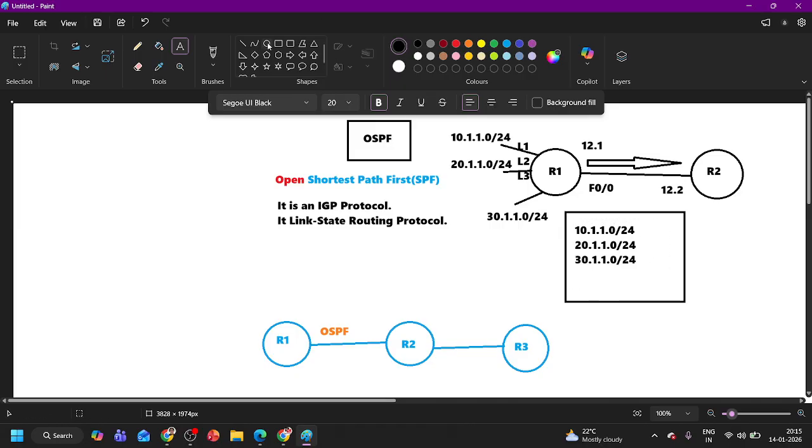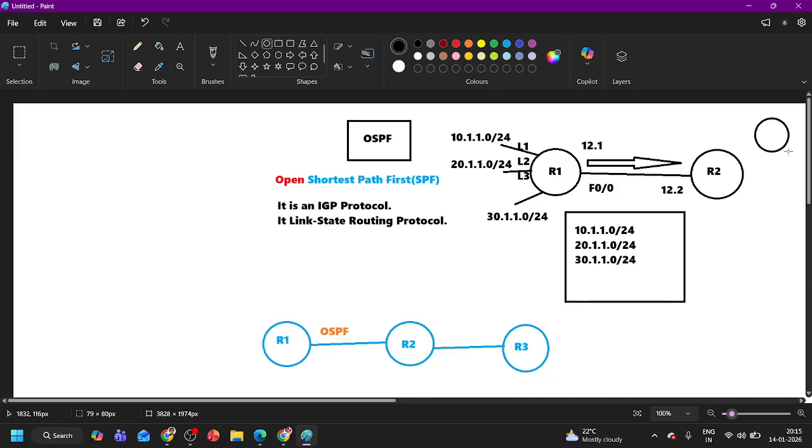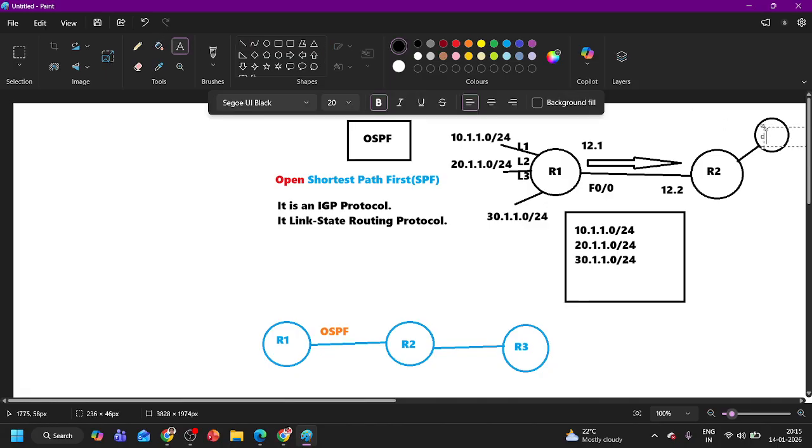If router 2 is further connected with another router number 3, router 3 will learn all these prefixes 10, 20 and 30 from router number 2, from this neighbor, right? Router 3 will never understand that the actual originator of these subnets, these prefixes, is not router number 2, it's router number 1. Why?